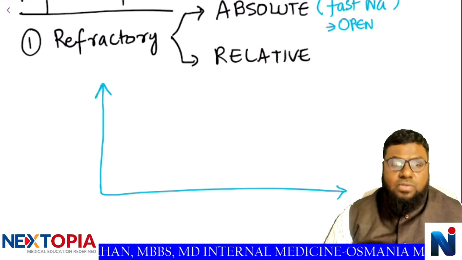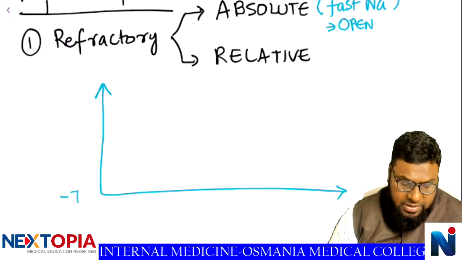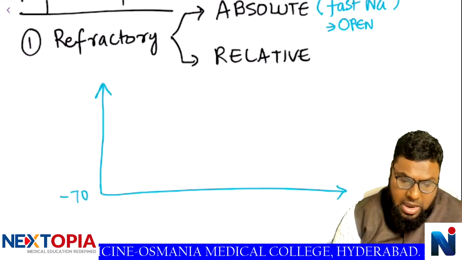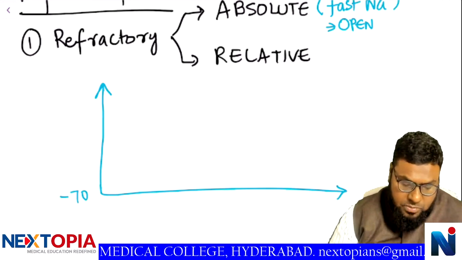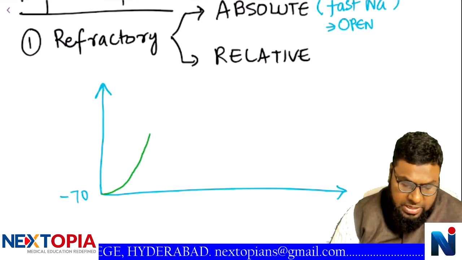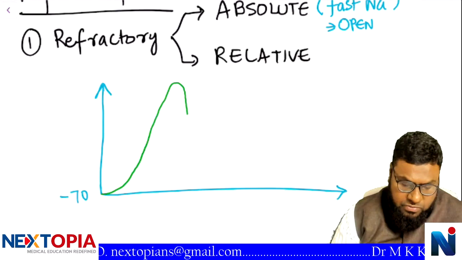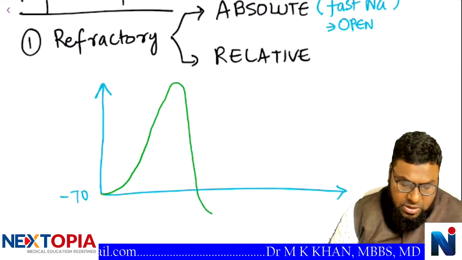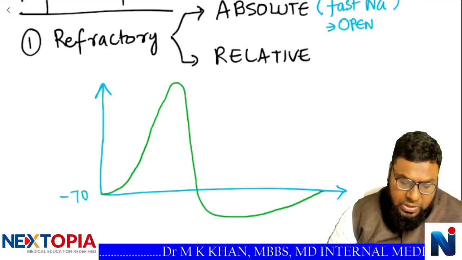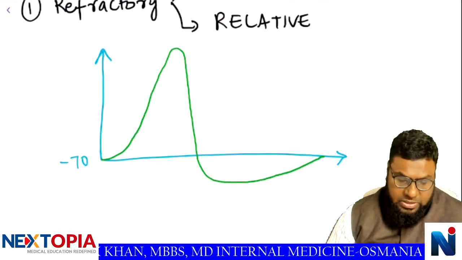Say suppose this is minus 70, at minus 70, so suppose an action potential is generated, depolarization followed by repolarization. Got it? Depolarization followed by repolarization.